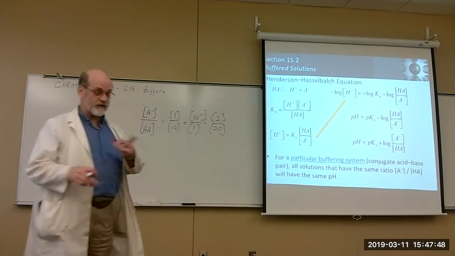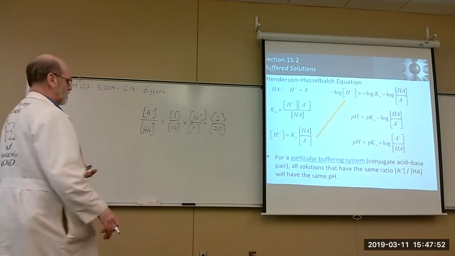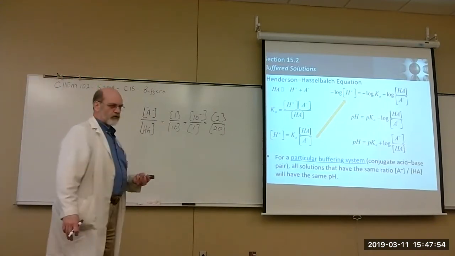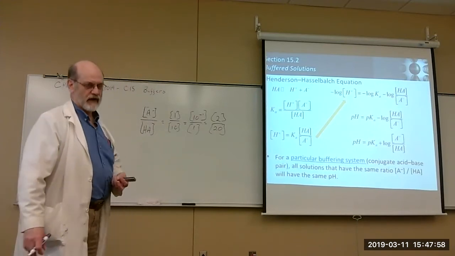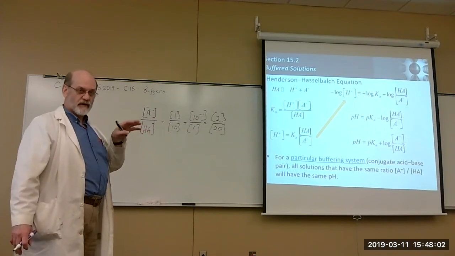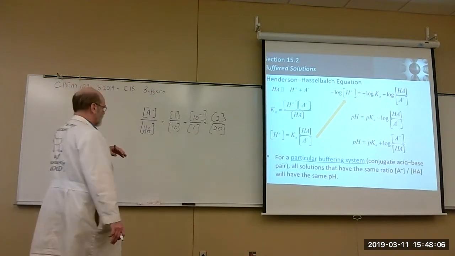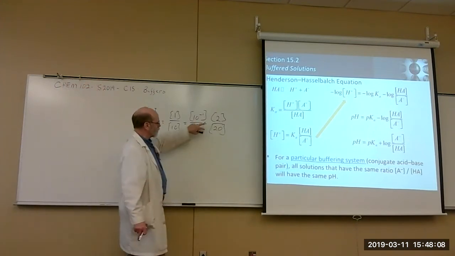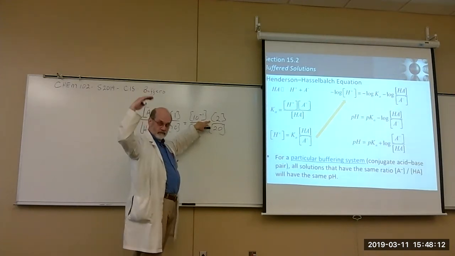Now, there are other things to be considered when you choose that ratio. One is, do you need a large buffer capacity? Right, now we're talking about the difference between equilibrium constant and equilibrium position. If you have a larger amount of each of these, your buffer capacity is much greater.